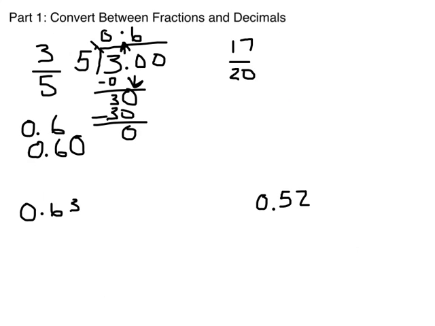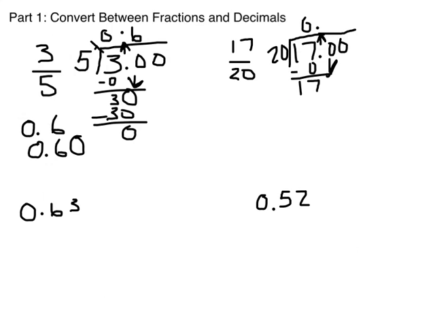Convert 17/20 into a decimal. How would I set up my division problem? I would do 17 divided by 20. So 17 would go inside my division sign, and 20 would be my divisor. Now I can divide. Let's start. 20 doesn't go into 1, and 20 also doesn't go into 17.